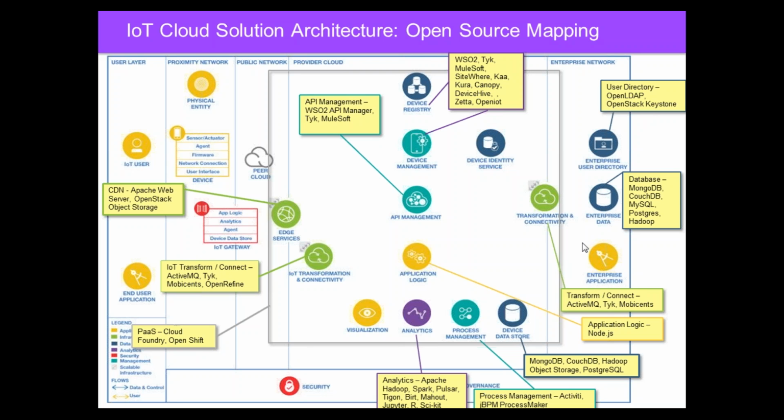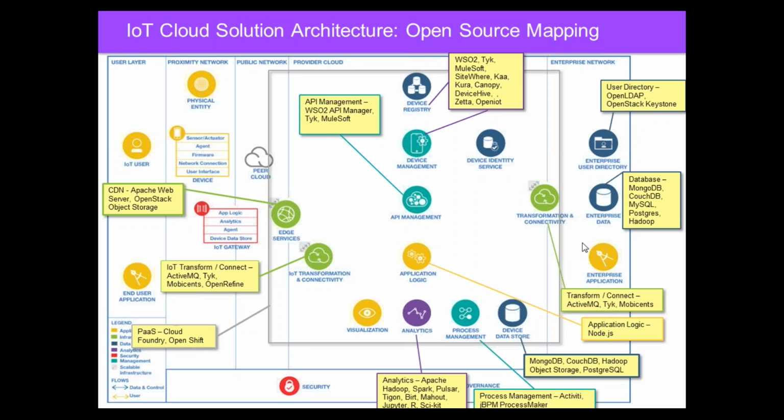And then last but not least, just above the PaaS is the set of open source software you could use to do transformation and connectivity on the way in to your solution from the IoT environment, the internet environment.